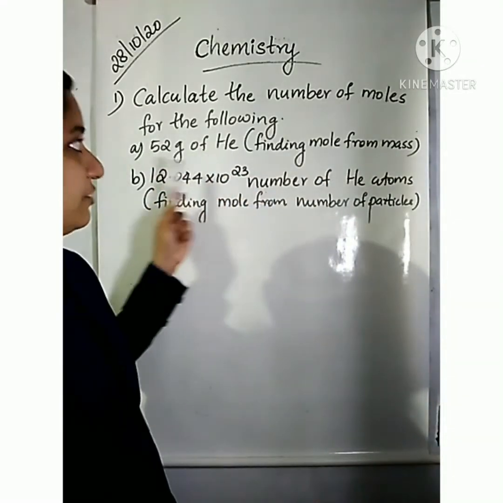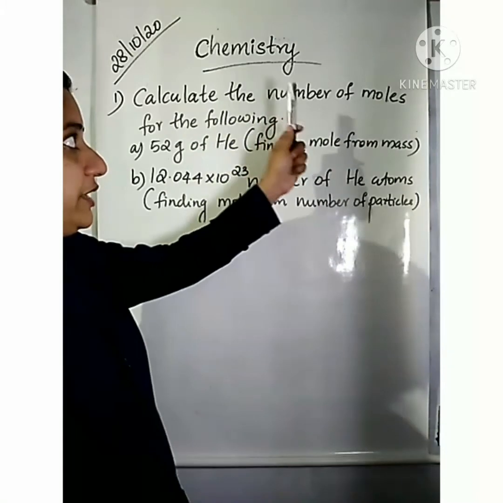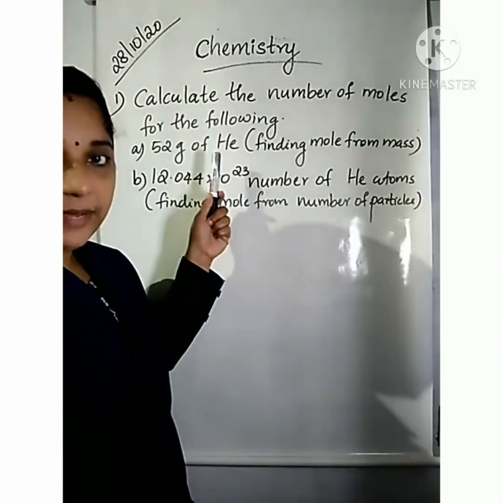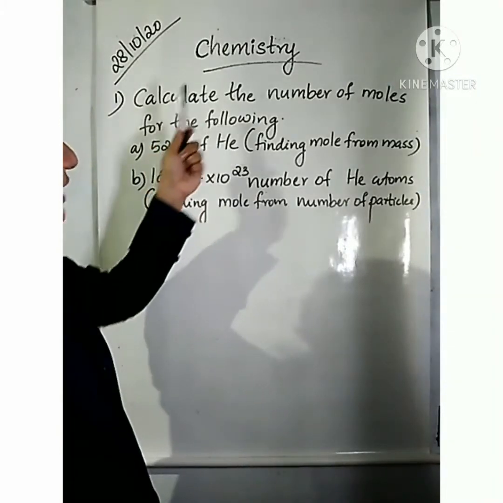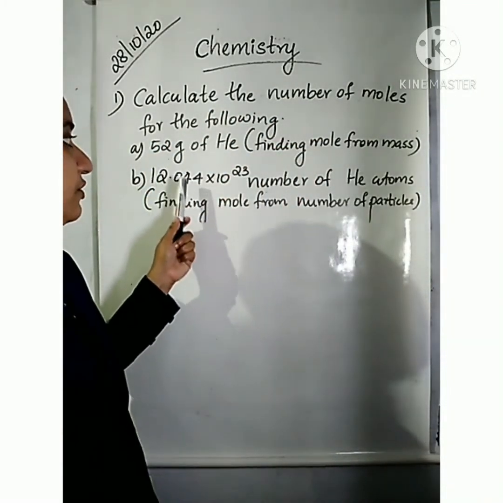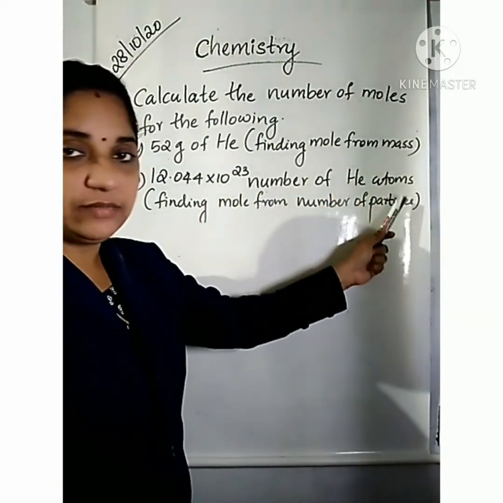Then second one, calculate the number of moles from 12.044 into 10 raised to 23 helium atoms.